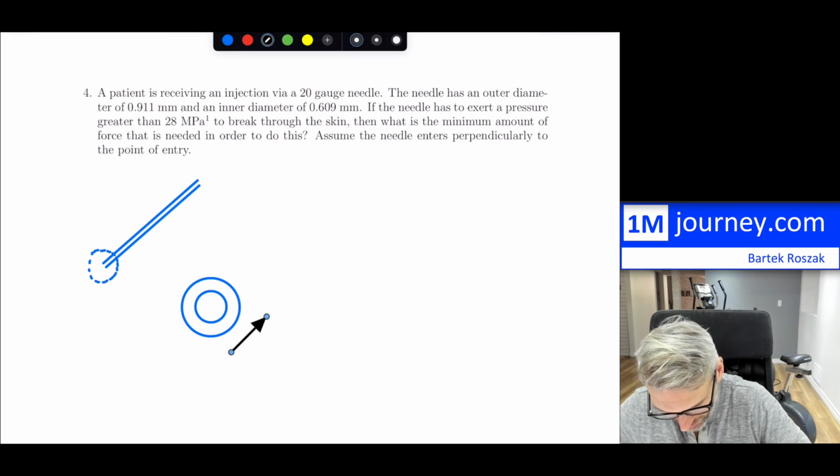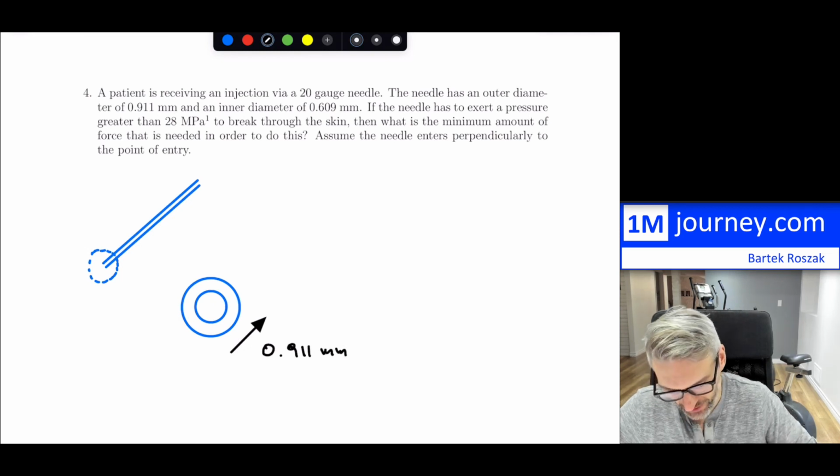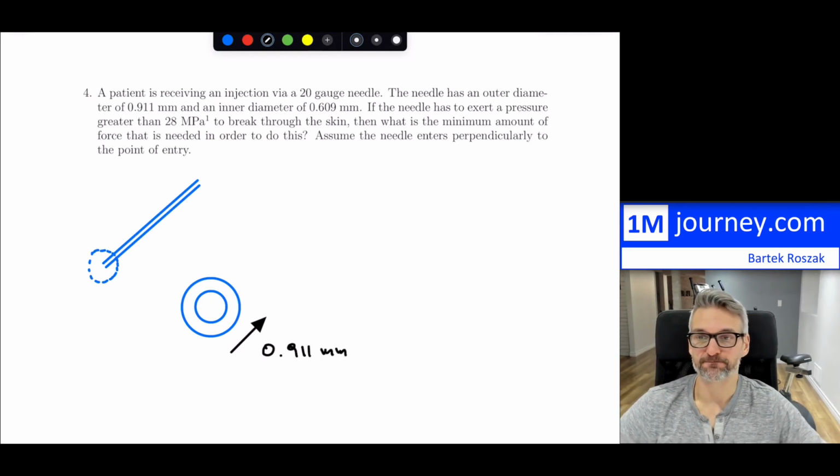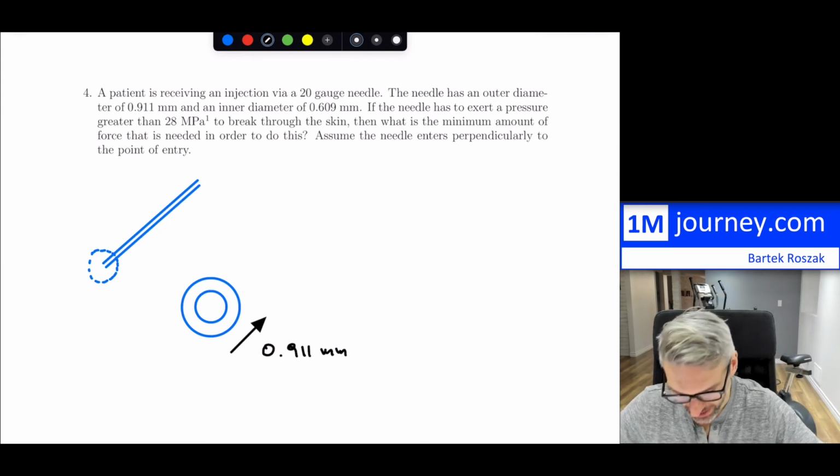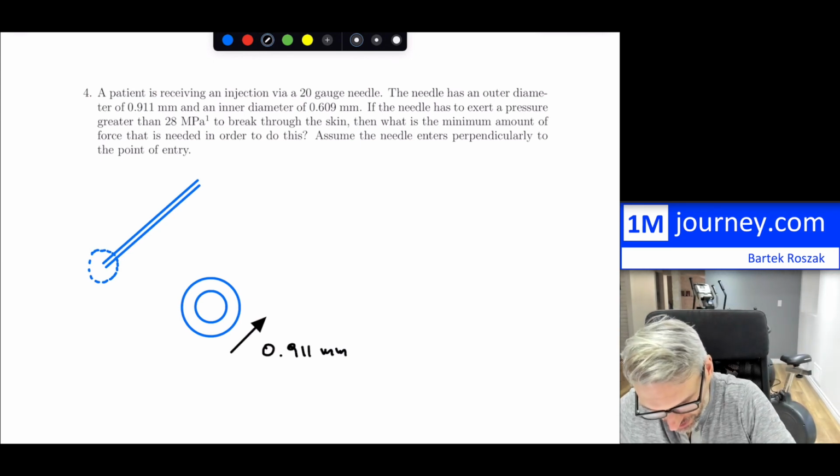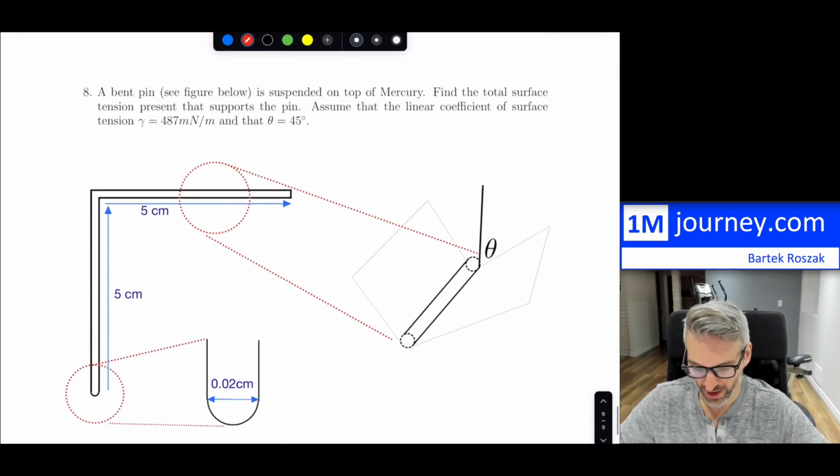So from there to there, that outer is 0.911 millimeters. Notice this is the diameter, not the radius. Now the inner one is from here to here, so that's the inner diameter. And that inner diameter, the smaller one that we have, is 0.609 millimeters.